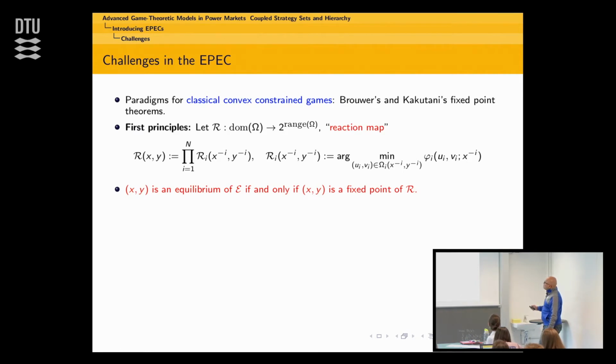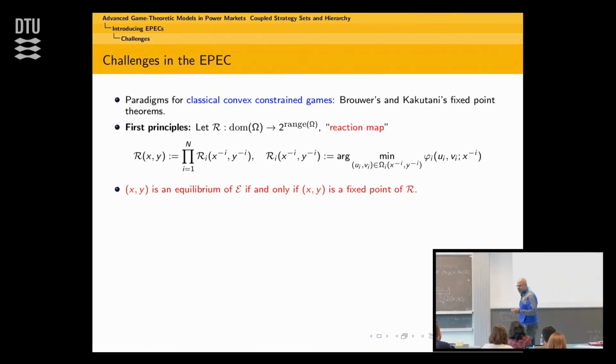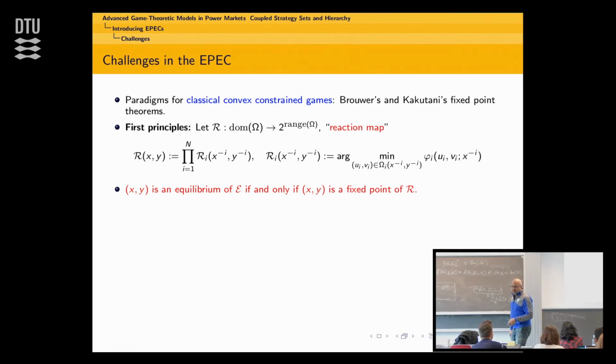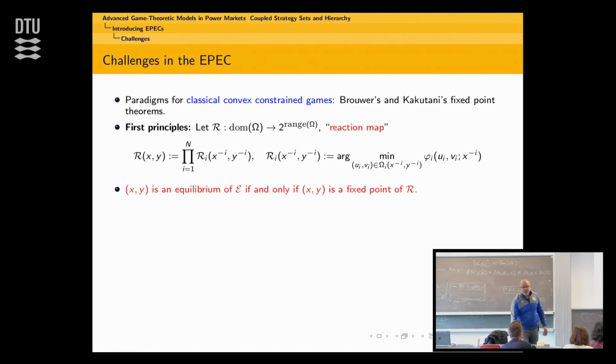So from first principles, what you want to think about is what is the reaction map? When does an equilibrium exist? The equilibrium to a Nash game exists when you can analyze the best response map.